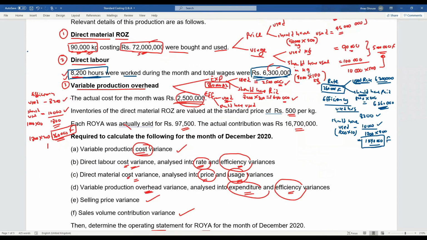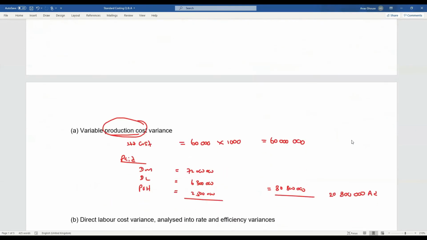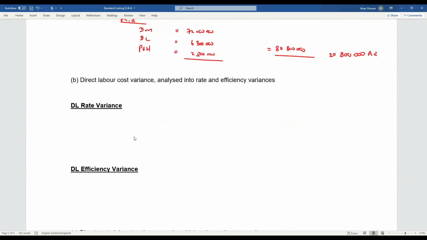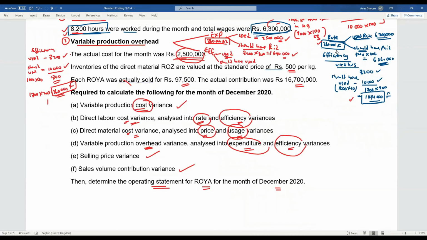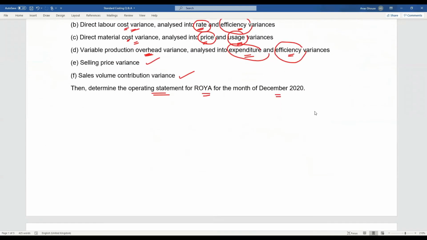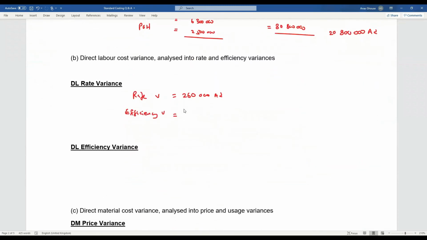Direct labor rate variance we calculated 260, which is an adverse variance, and efficiency variance 1,440,000 favorable.